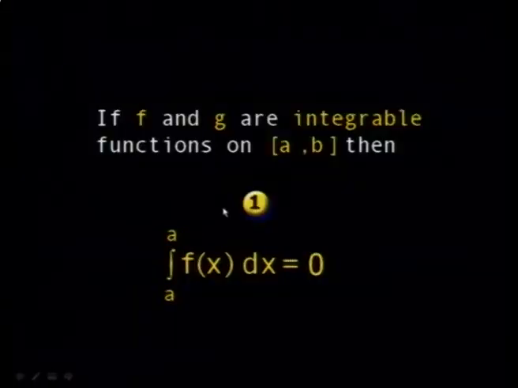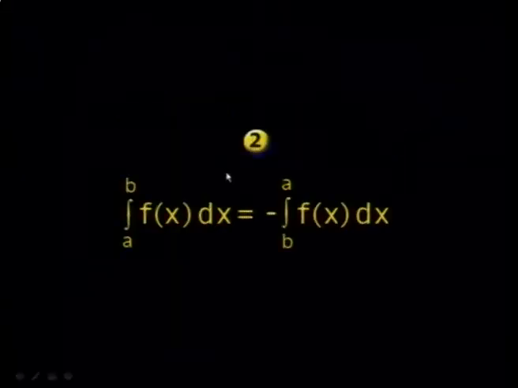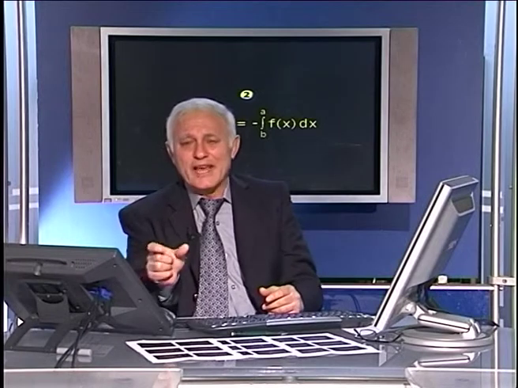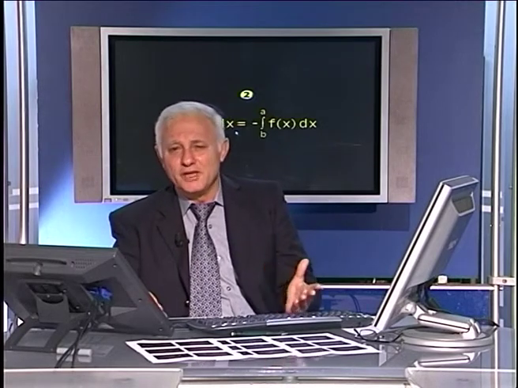You have a zero area. Again, the integral from a to b is equal to minus the integral from b to a, because instead of going forward from a to b, you go backward from b to a. So you expect your delta x to be negative here.